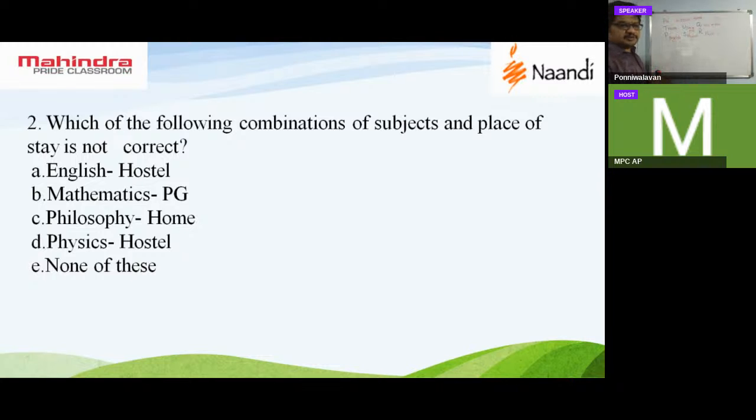Yes. Then third, philosophy, home. Yes, those studying philosophy are staying at home. Physics, hostel. Yes, physics is staying in hostel. So option A, English, hostel, is not correct. The person who is studying English is not staying in hostel.